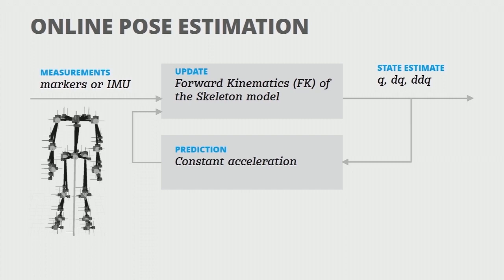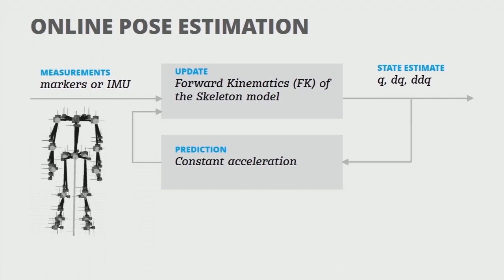So whether we're measuring markers in a lab setting or inertial measurement units in a clinical setting, we incorporate those measurements into the estimation by using the forward kinematics of the skeletal model. So we directly use our knowledge of the kinematics of the body in the estimation framework.